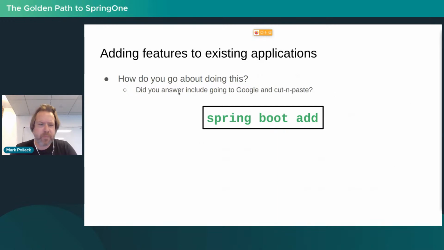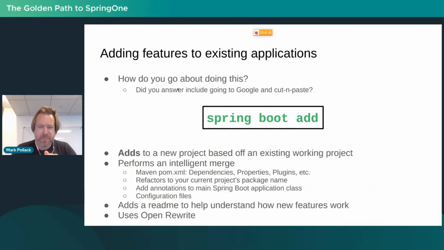So what does spring boot add do? Again, the same projects that were used to create the application the first time can now be added to your existing project. And it does this by performing an intelligent merge of the two code bases. So for example, if we're using Maven, there's a lot of information in the POM XML file, such as dependencies, properties, plugins.